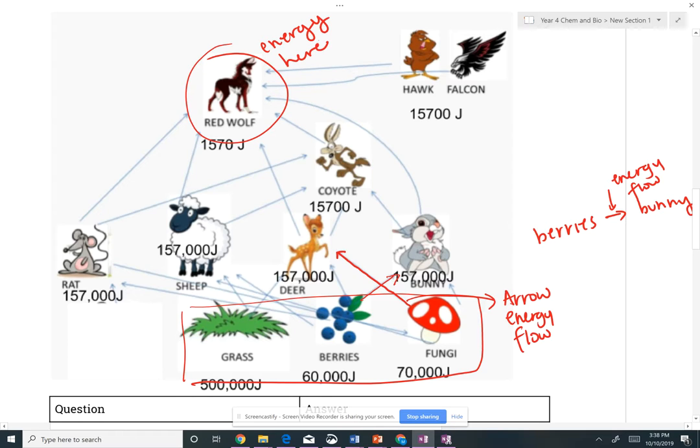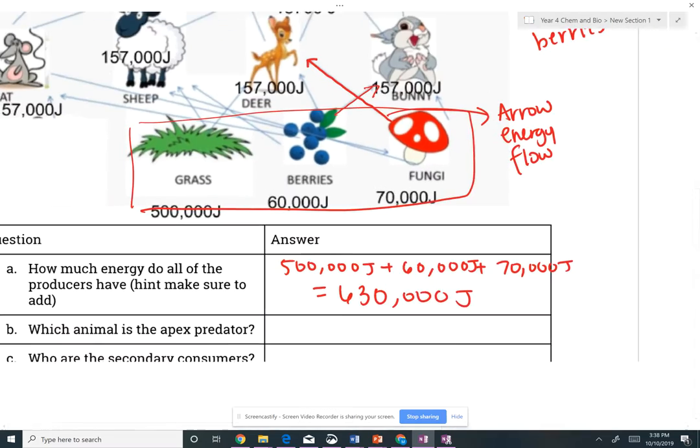So all the energy is right here, which means that this wolf is our apex predator, because all the energy is going towards that wolf.